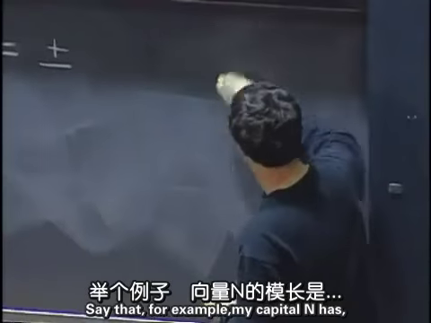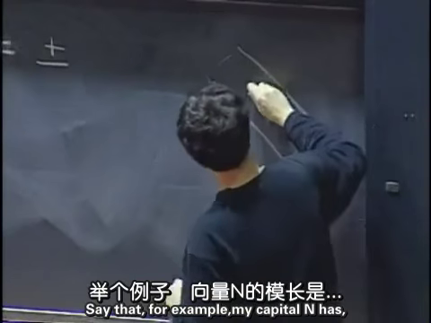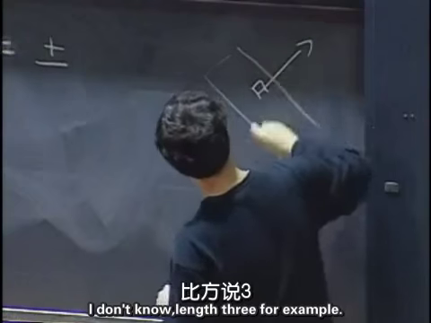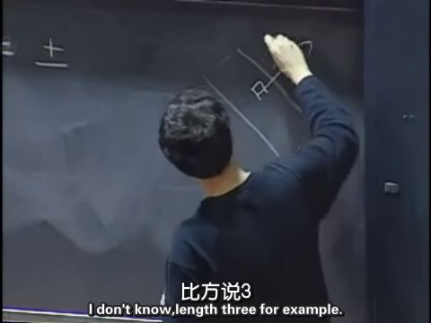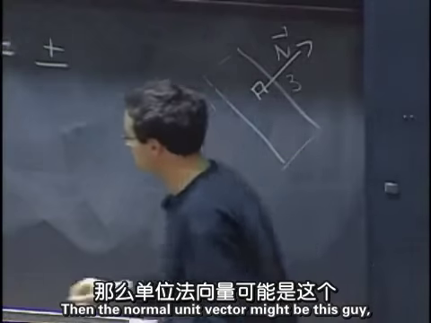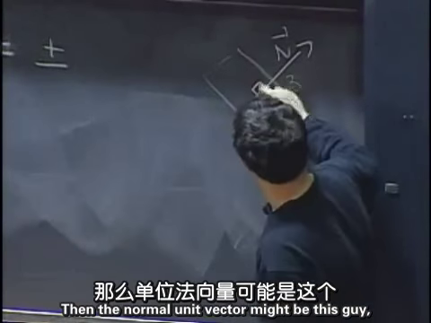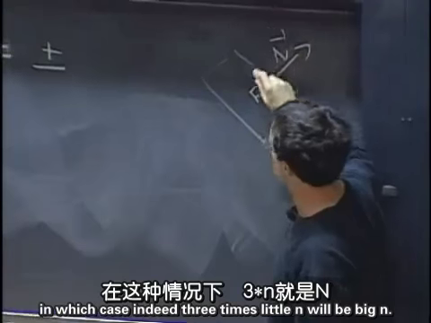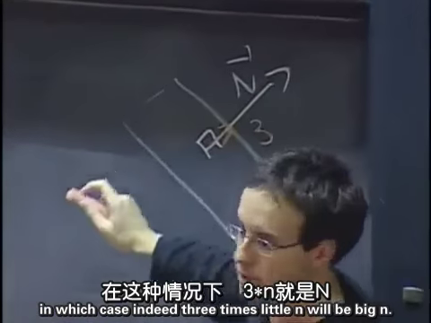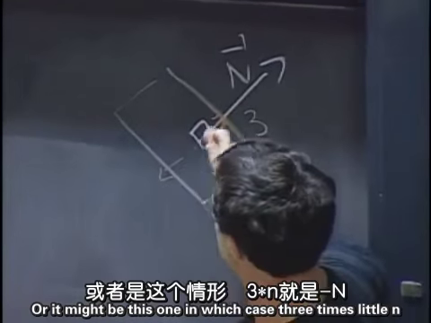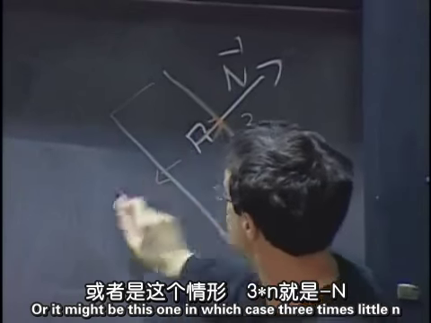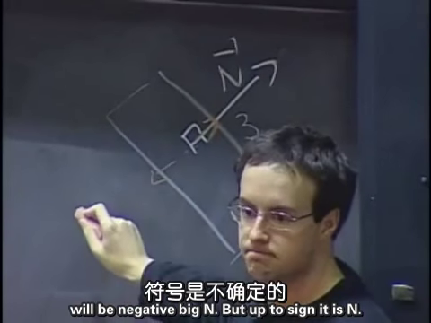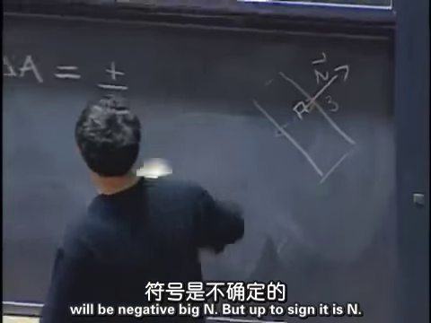Say that, for example, my capital N has length 3. Then the unit normal vector might be this one, in which case 3 times little n will be big N, or it might be this one, in which case 3 times little n will be negative big N. But up to sign, it's n.